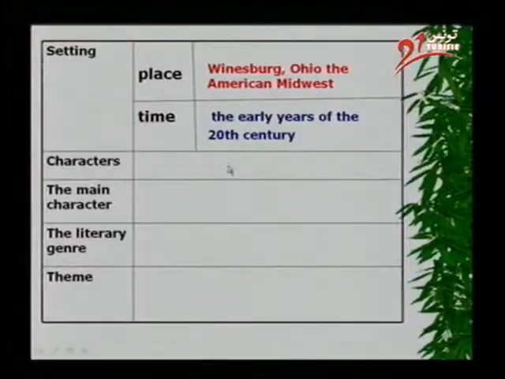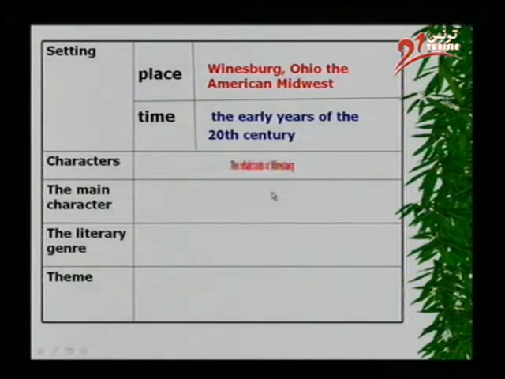And as we know that Steinbeck is one of the followers who was influenced by Sherwood Anderson, we try to set the time. So let's say here, it's the early years of the 20th century. We do not have the exact date, but we understand somehow that we are talking about the first half of the last century.